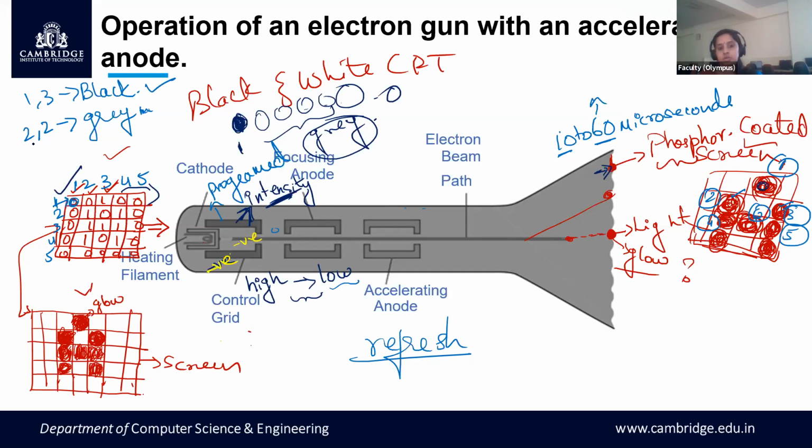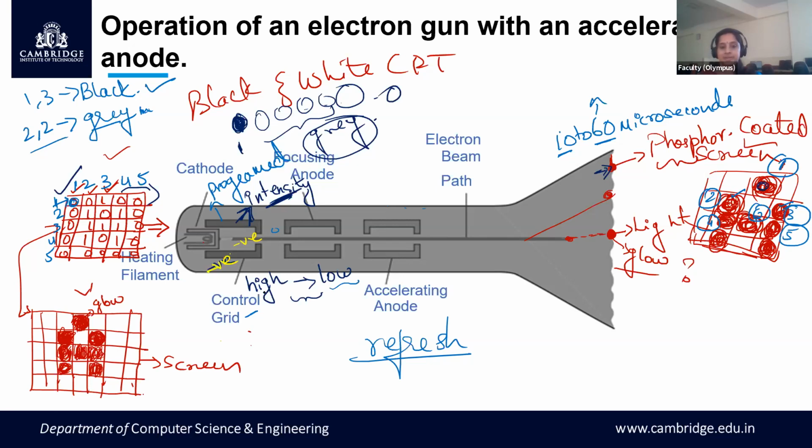Now, when it comes to 2, 2, I want a gray. If I want a gray, then it should be a middle range of intensity for the control grid. That intensity level also has values. According to the bits we have, there are intensity bits also.